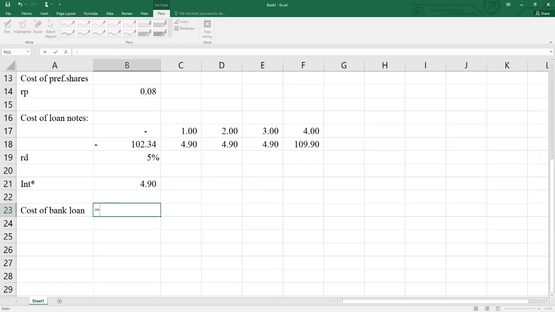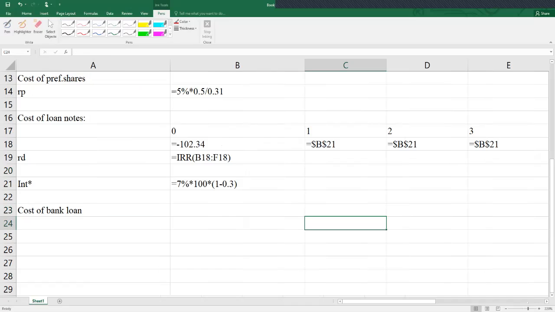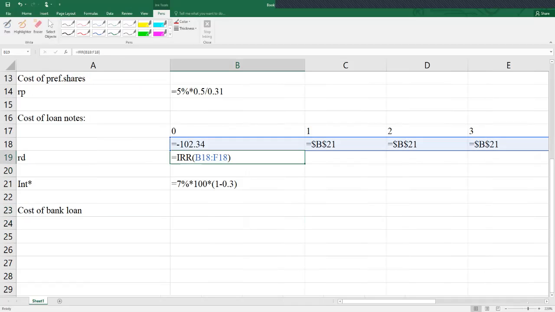Yes, sure, John. Question: how did you arrive at the 5%? At the 5%, I use the IRR formula. Let me just show you. Don't forget the method we've been doing so far was trial and error. The final formula is the IRR formula. Do you remember? Let me go back to some of the work you've been doing so far.